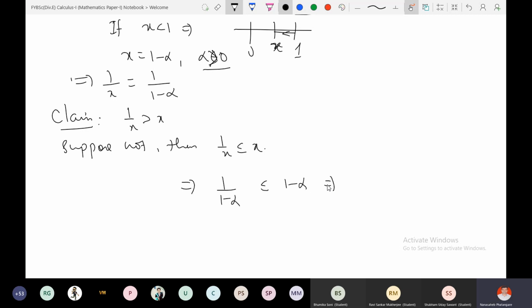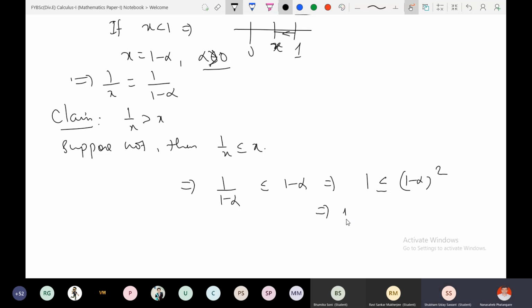But what can we say about 1 minus alpha? Still x is positive, right? So I can multiply both sides by 1 minus alpha, its square. Now, what can we say about the inequality, is it the same? Will the inequality remain the same? Yes, sir, because we are multiplying by a positive number on both sides.